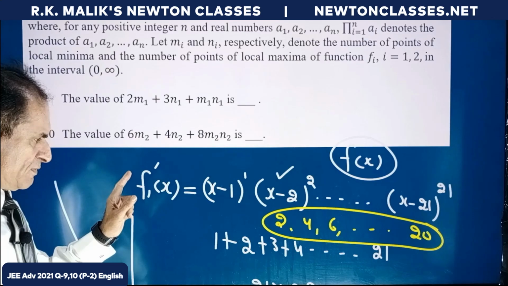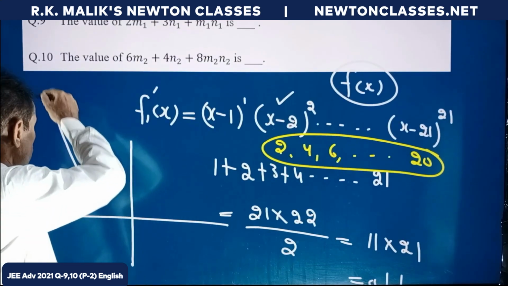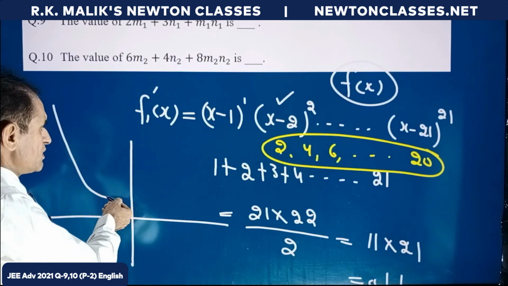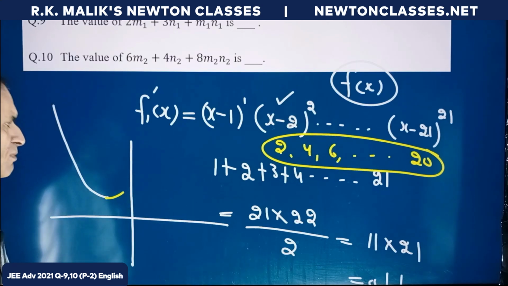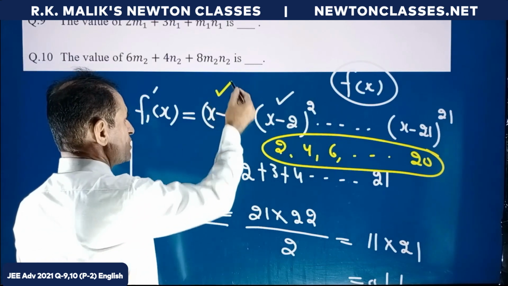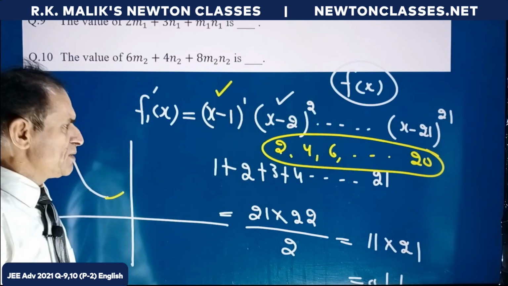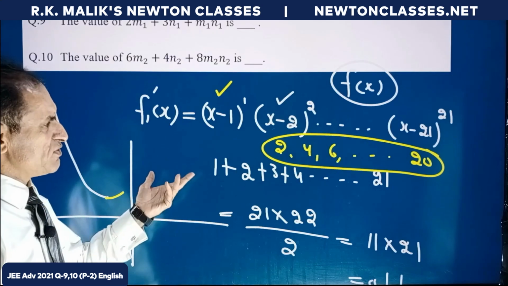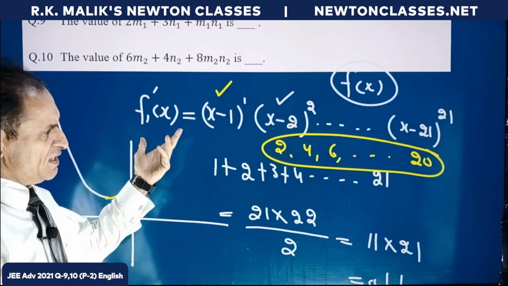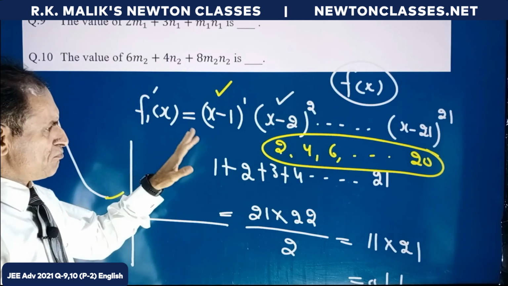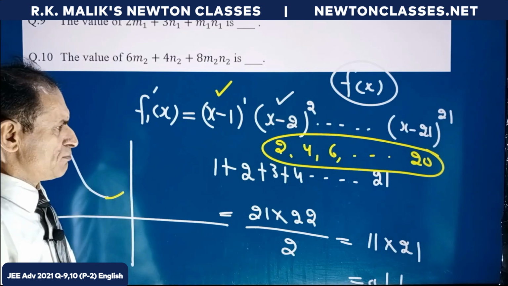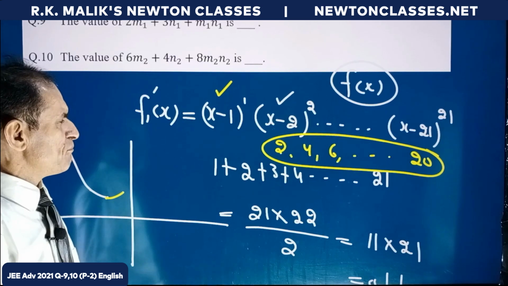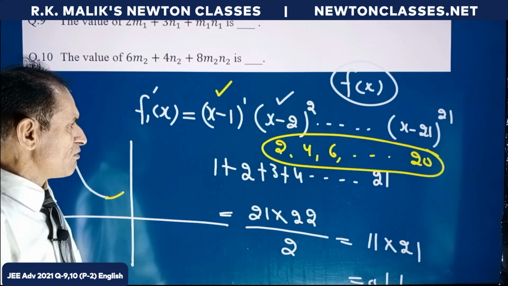And now next, because the graph is coming from up, it is sure that first of all local minima will come. Therefore at 1 it is sure that local minima will come. You can check with the help of the single derivative test, or there are many other types of tests also with the help of which you can check about local maxima and minima, but all those things are not required.